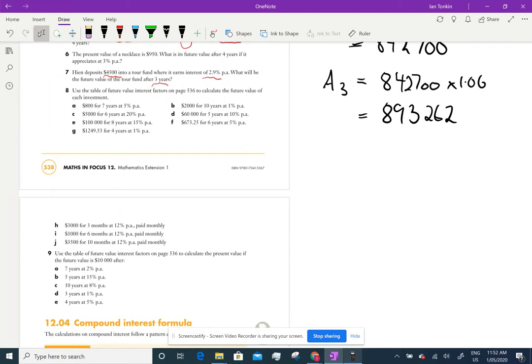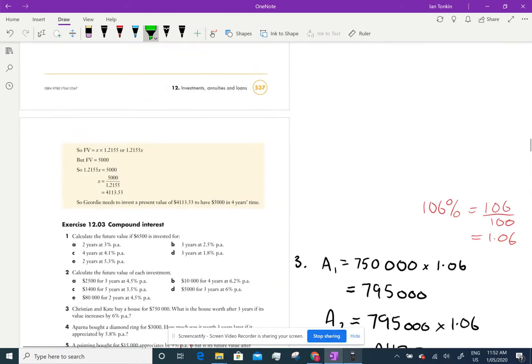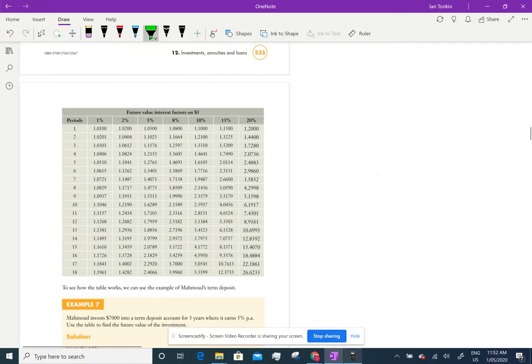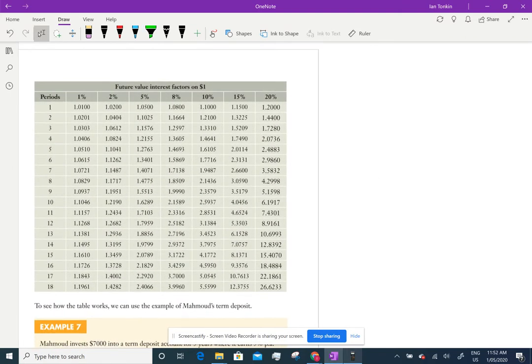The big thing that we need to learn about though, that is going to be common with standard, is using tables. So we've got to use the tables back here on page 536. So it's this table here. Now this table has been created by using the compound interest formula, and it's factored on $1.